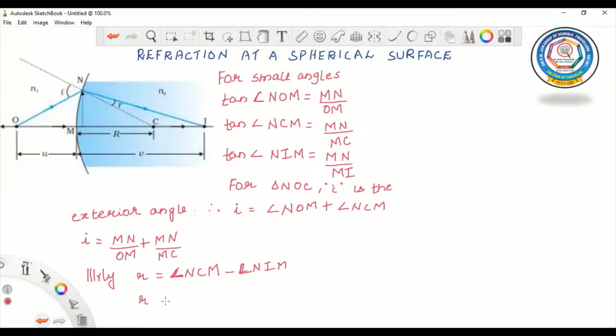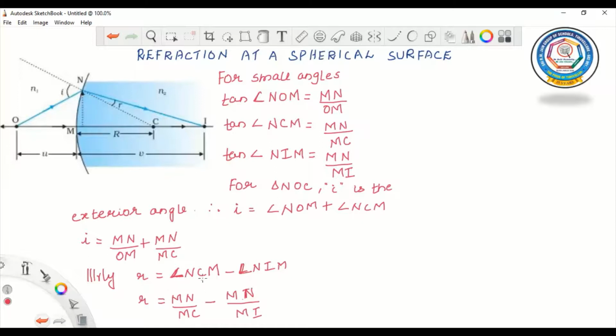So r is equal to MN divided by MC minus MN divided by MI. So we got what is i and what is r.